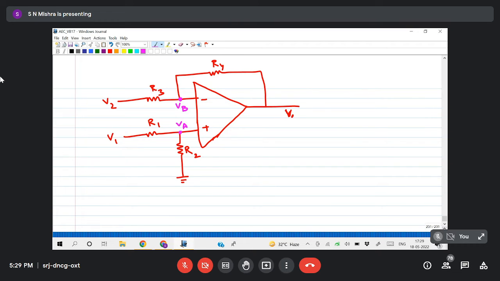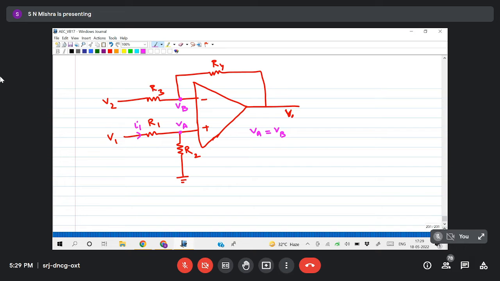If VA and VB are the voltages at these two terminals of the op-amp, then we know both voltages will remain the same. So VA equals VB. If you are giving V1, V2 directly to the op-amp, then both voltages remain the same. So here also we are giving VA and VB, so the voltage will remain the same. According to the virtual ground concept, it is not grounded, but a voltage is given, so the same voltage will appear at both terminals. Now due to that, some current will flow.